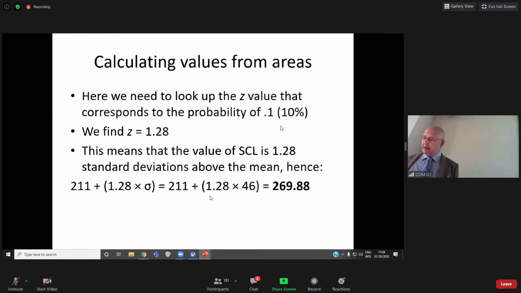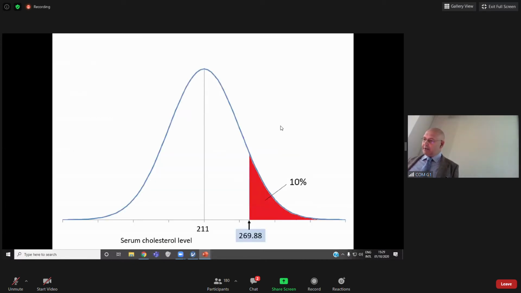If you were to add 211 to 1.28 and then multiply by 46, you would get a crazy number. What you've got to do is multiply this first in the brackets and then add it to the mean, and we get 269.88. So this point here is 269.88.